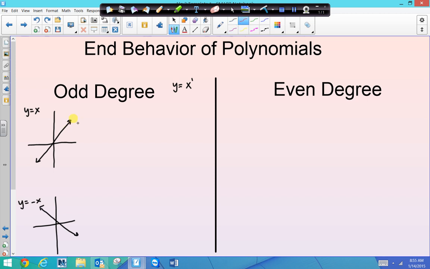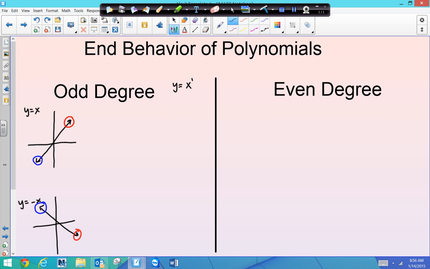End behavior is just what happens on each end. So in the middle, you don't know what things are going on. It could be anything. For example, an odd degree could have an end behavior like y equals negative x, and in the middle you could have all kinds of stuff going on. But we don't care about what's going on in the middle. We only care about the ends. So our end behavior is going to be pretty easy for us to do.